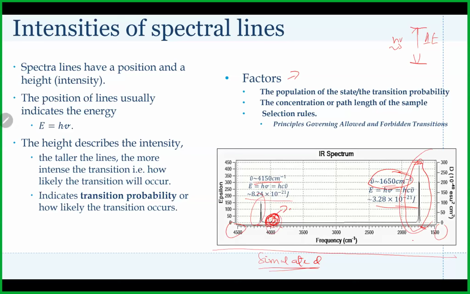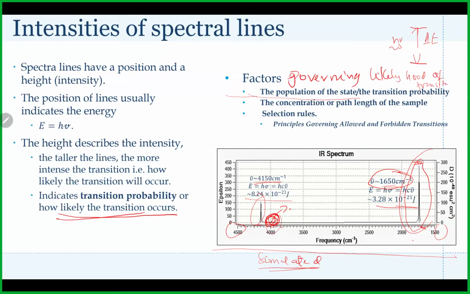So the factors governing the likelihood of transition are these basic three things: the population of the initial states, that is, the population of where the transition is coming from.